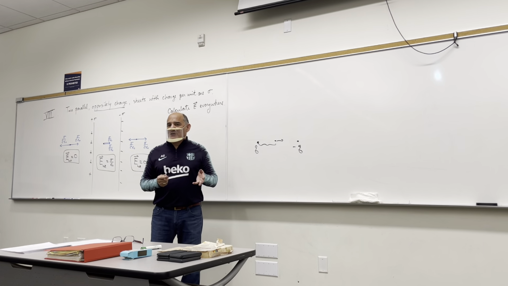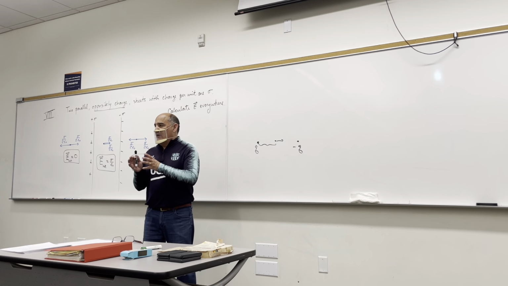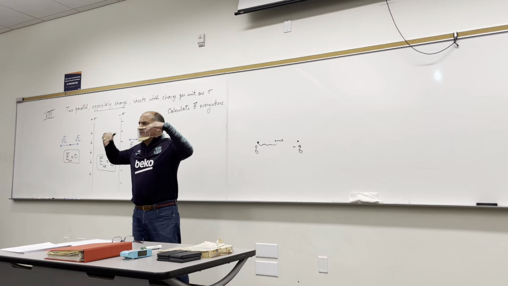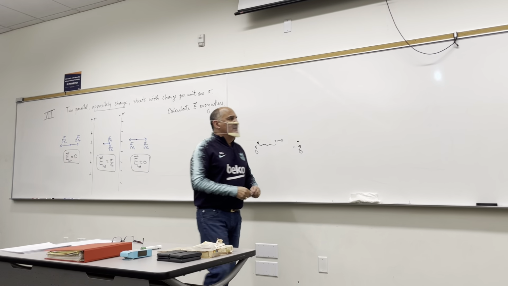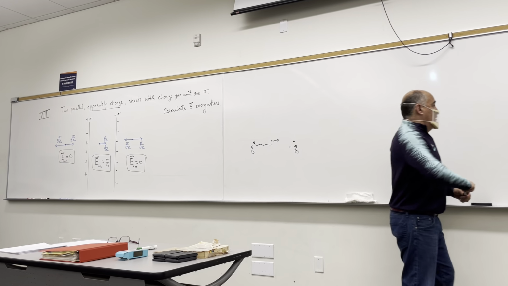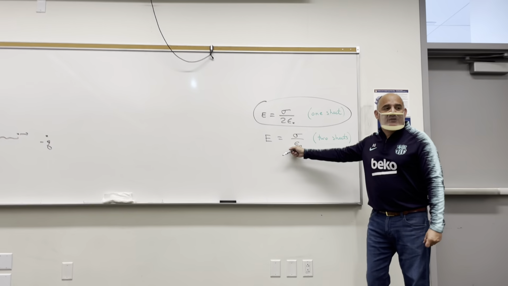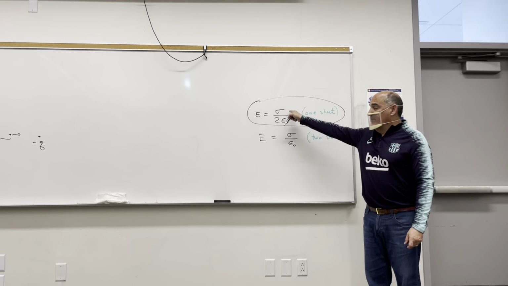I don't memorize those expressions. For me, it's enough to just know the electric field due to one of them. And then I'll just use the superposition principle if I have 2, 3, 4, 5 of them. So same thing over here. The one that I remember is this. Give me some time and I'll show you where this comes from. From the basic one.